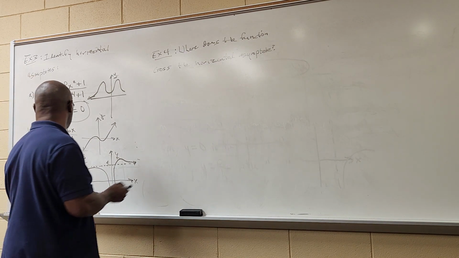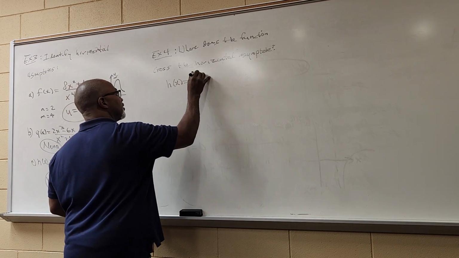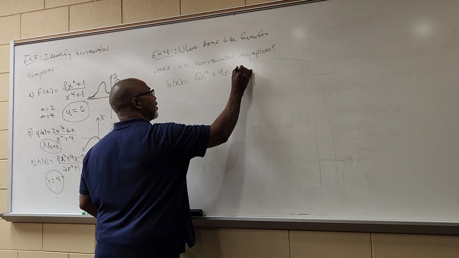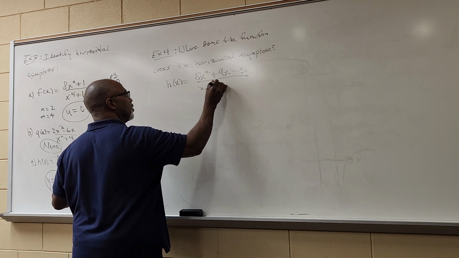And it's the same function. h of x equals 8x squared plus 9x minus 5 all over 2x squared plus 1.